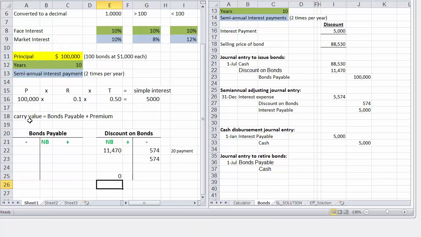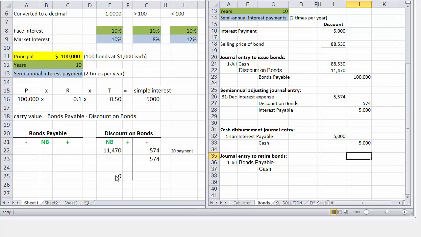And that means that our carrying value this time will actually be the bonds payable minus the discount on bonds. So instead of taking the 100,000 and adding it like we did with the premium, we're going to subtract it against that contra account.